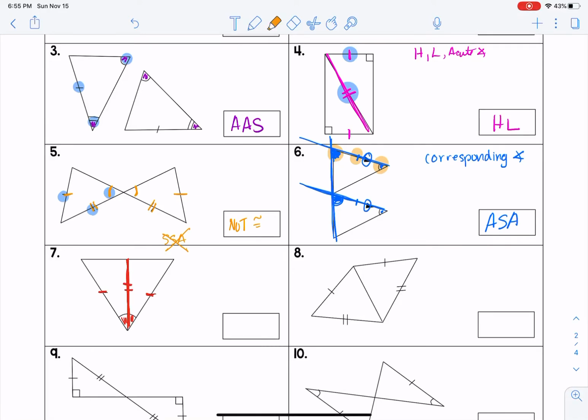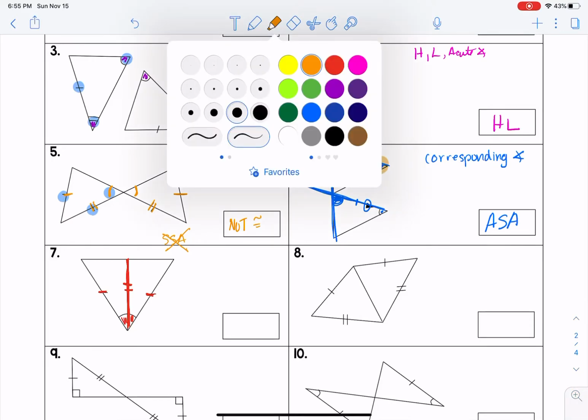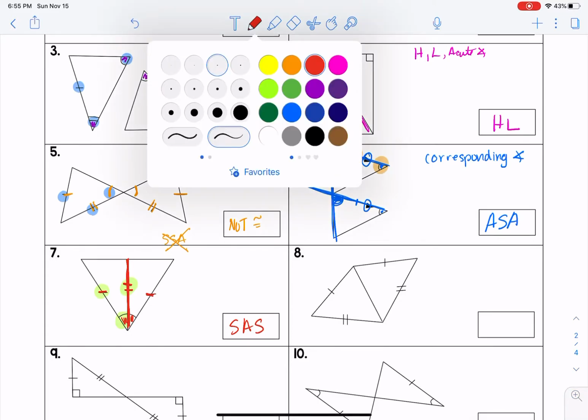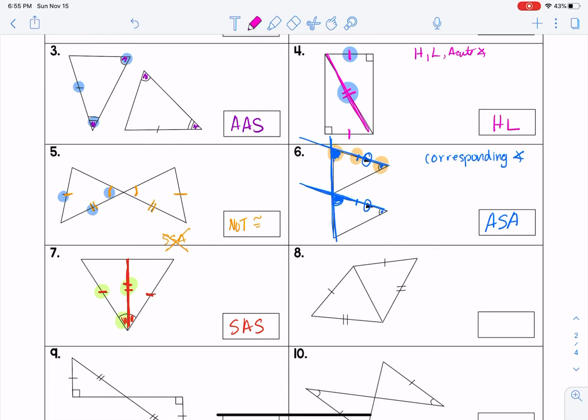So then I have side, angle, side for congruency. Number 8, again, has a shared side, so that side is congruent. So then I have side, side, side for congruency.